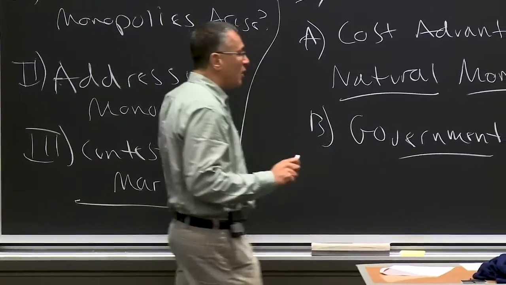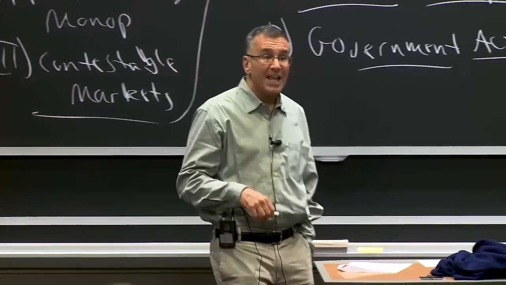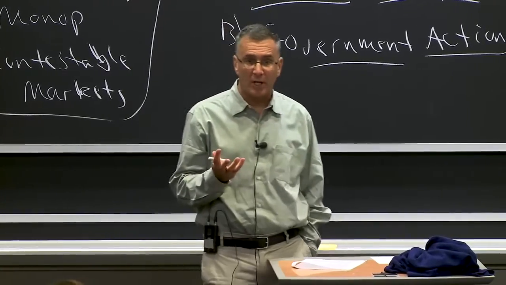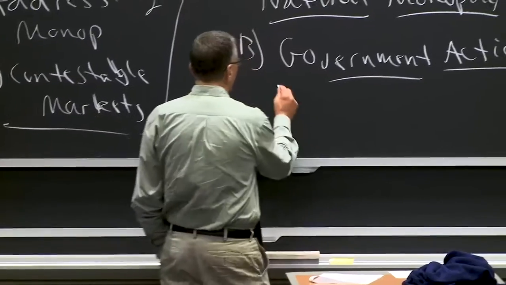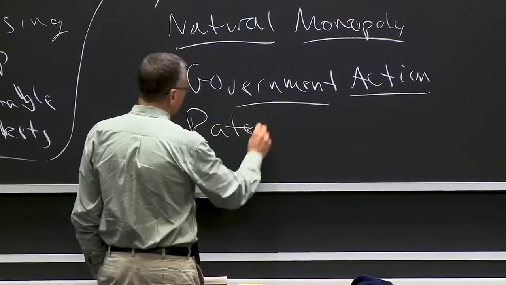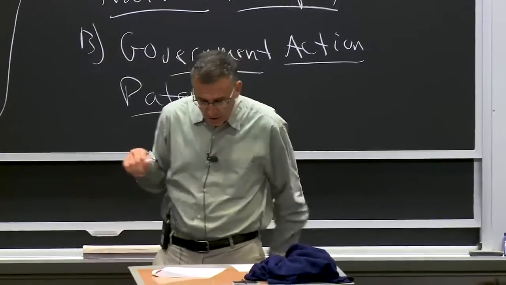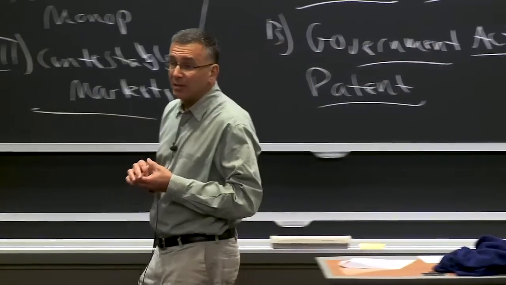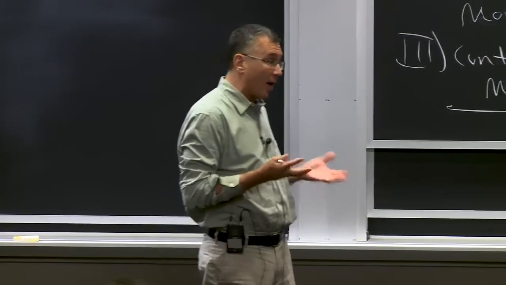The more relevant way the government creates monopoly in the US is by creating barriers to entry. The most prominent barrier to entry is a patent. This is the case where the fixed cost isn't building a pipe, it's coming up with an idea.